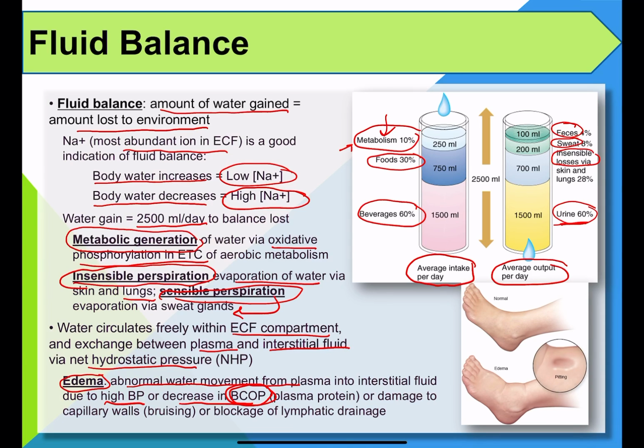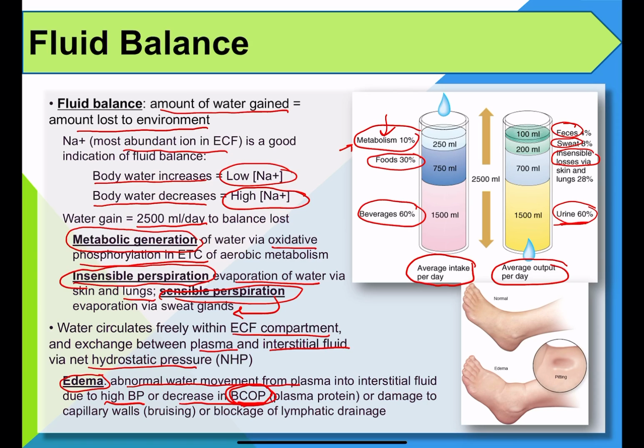The high blood pressure changes your capillary hydrostatic pressure, your CHP. And if you're in starvation mode, you decrease your BCOP, both of which will affect your NFP, so you're filtrating more into your interstitial fluid, and hence you end up with edema.